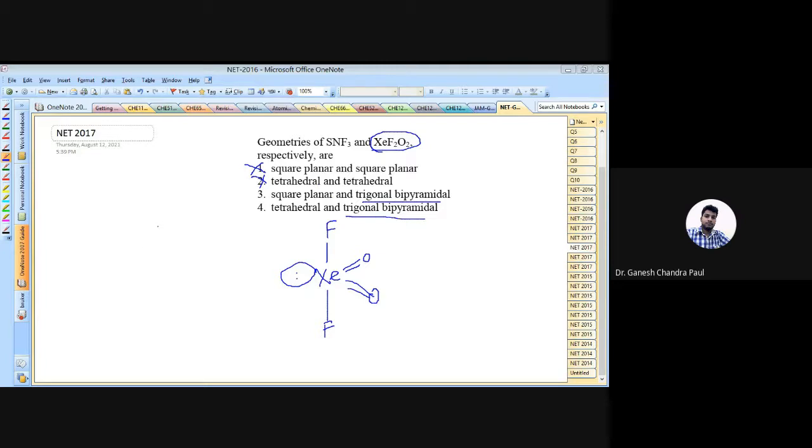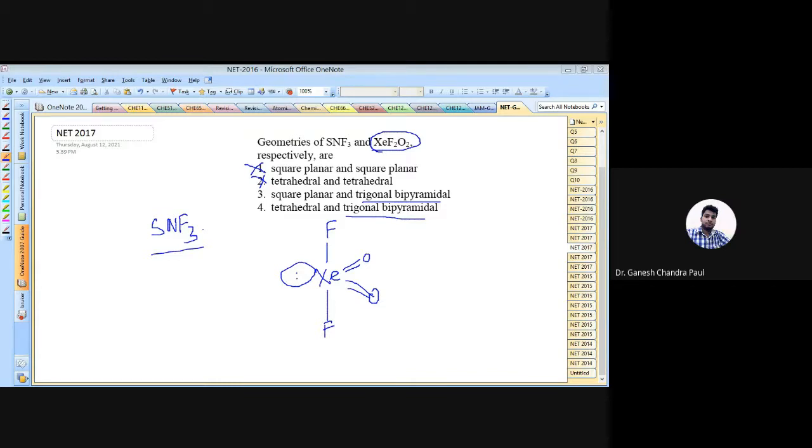Then you have to find out the actual geometry of SNF3. So tetrahedral.